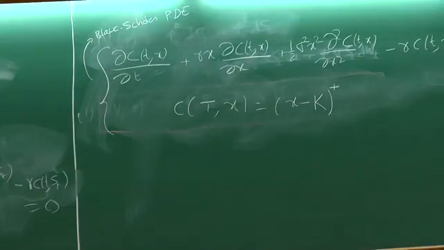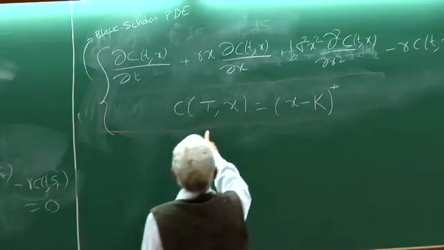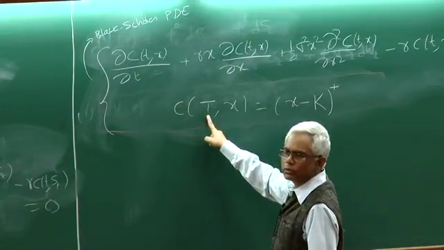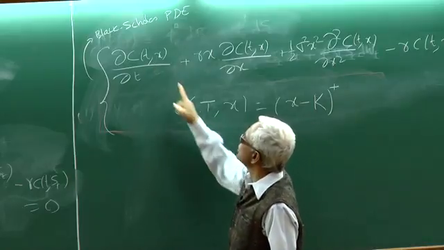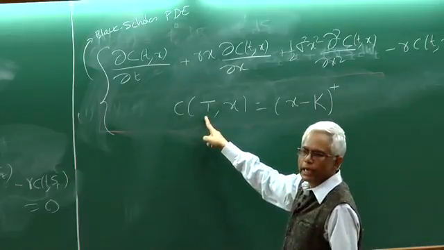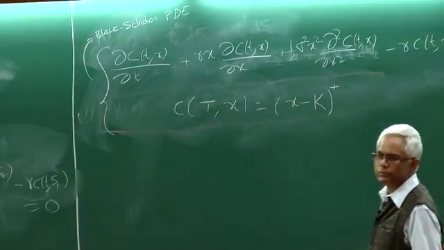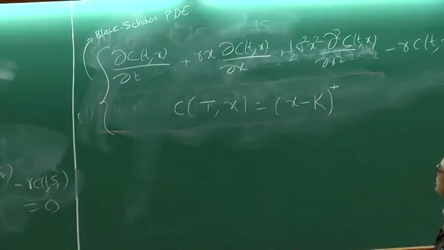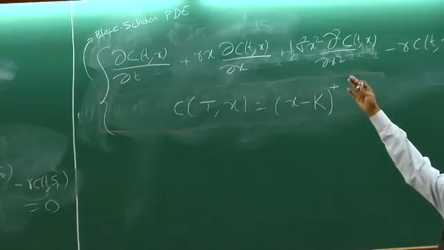So where is the PDE formulated? If you are a PDE guy, where is the PDE formulated? PDE is formulated, the time horizon is 0 to t, right? The end time you know in terms of it is between 0 to t, right? And where does x lie? X lies between 0 to infinity.